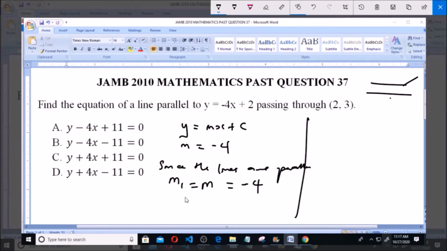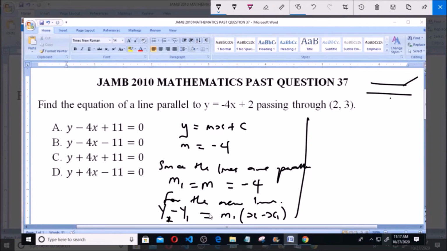Now, for the new line, we can get the equation of the new line. For the new line, which is parallel to the other line, we can say that y minus y1 is equal to m1 into x minus x1. The m1 is the slope of the second line, which we have to find, as we have to find the equation of the parallel line.